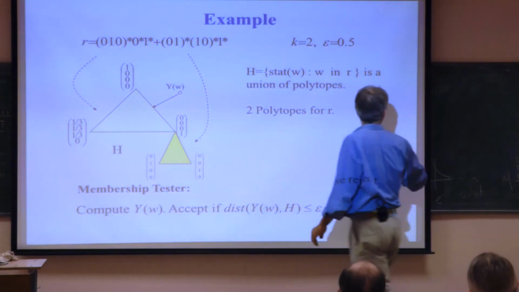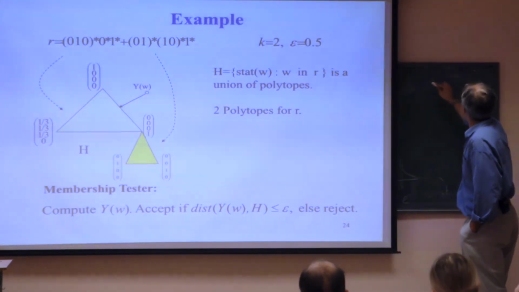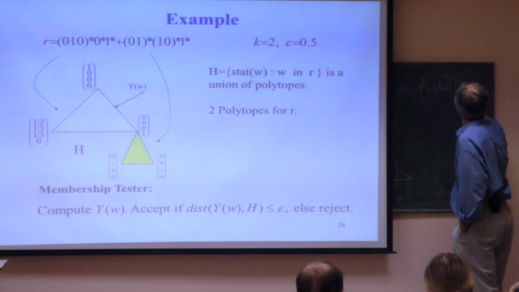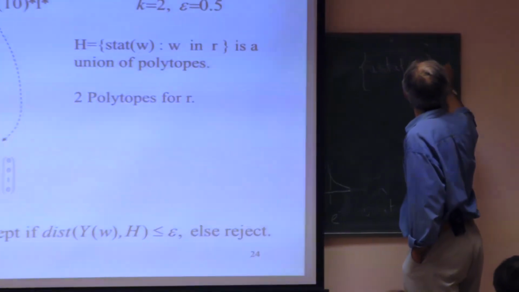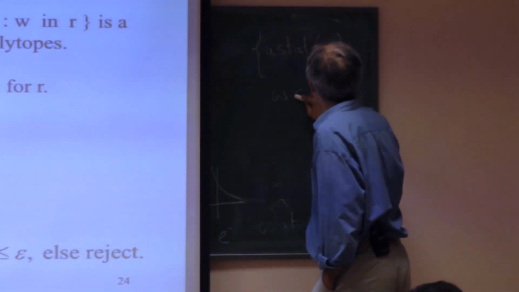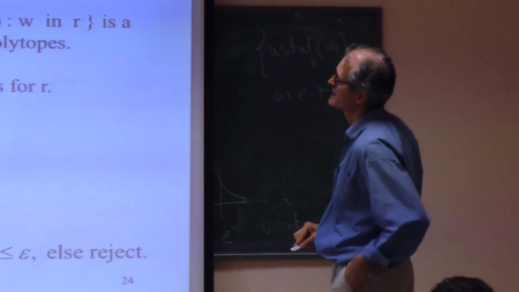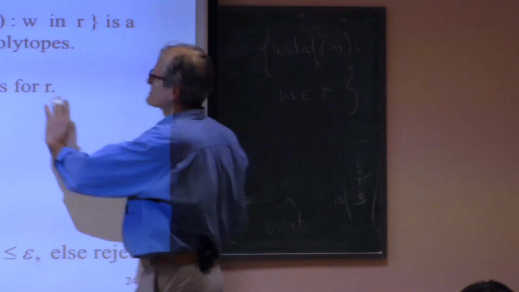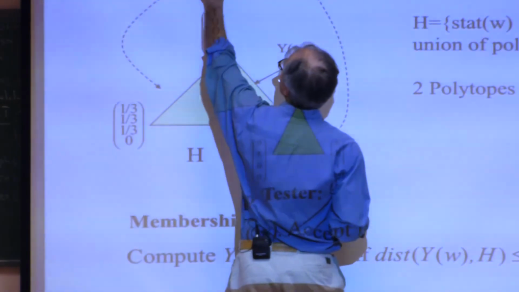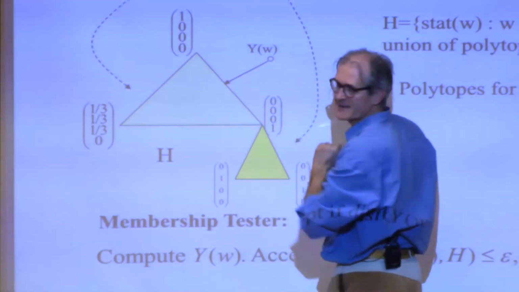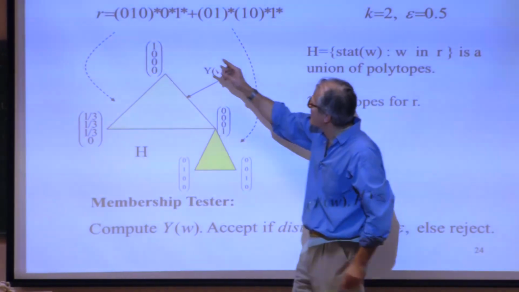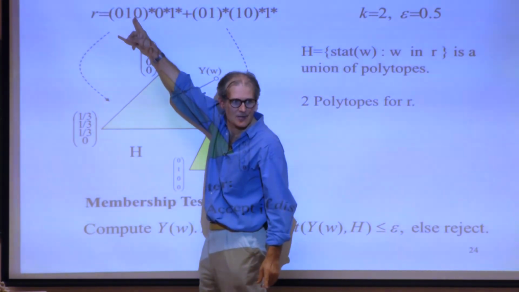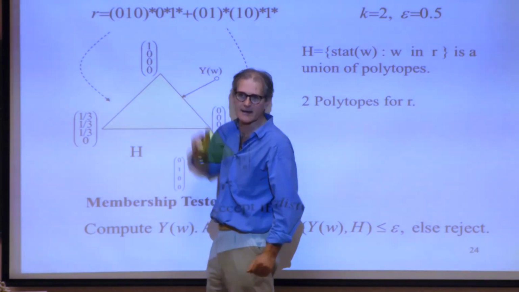And obviously, what you want to think about is the set of U-stat_k(W) for some k, when W is in R. That's what you have to think about. So let's split R into two pieces, R1 and R2. Let's think of R1. R1 has three basic loops that you can repeat. This one, and this one.